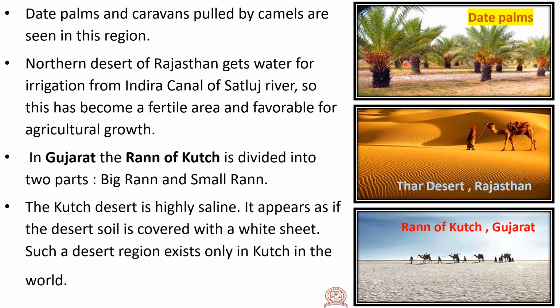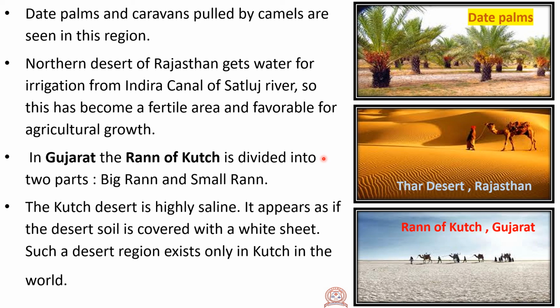Date palms and caravans pulled by camels are seen in this region. Northern desert of Rajasthan gets water for irrigation from Indira Gandhi Canal of Satluj River, so this has become a fertile area and favorable for agricultural growth.